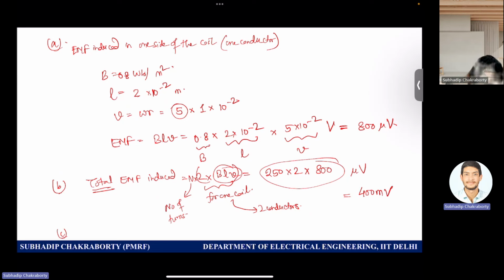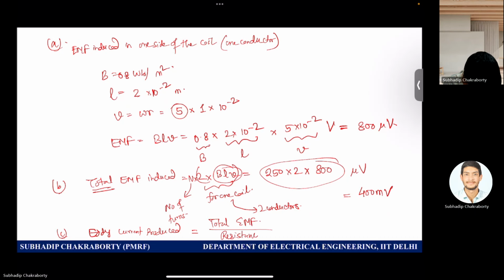The next part is asking us to calculate the eddy current. How can you calculate the eddy current produced? It is the total EMF divided by the resistance of the circuit, including the external resistance.